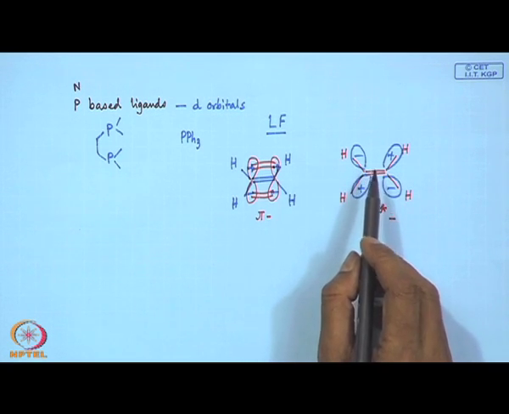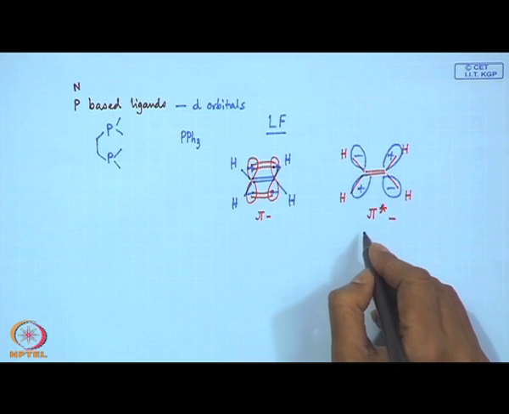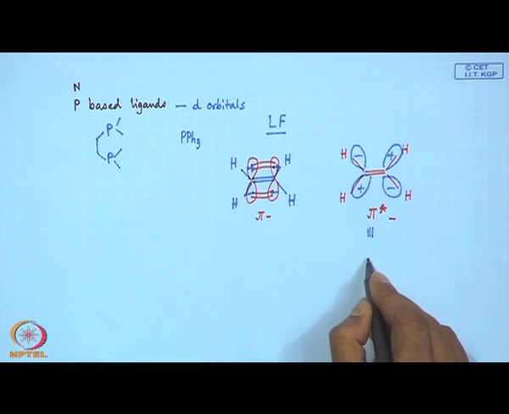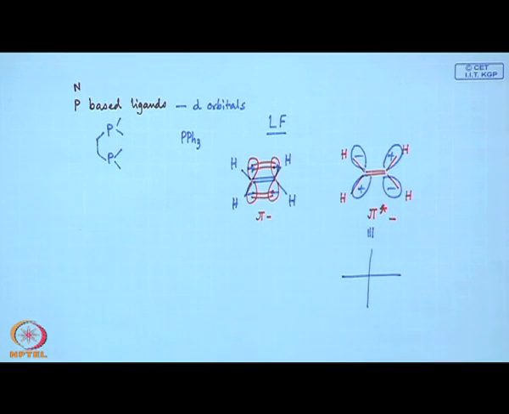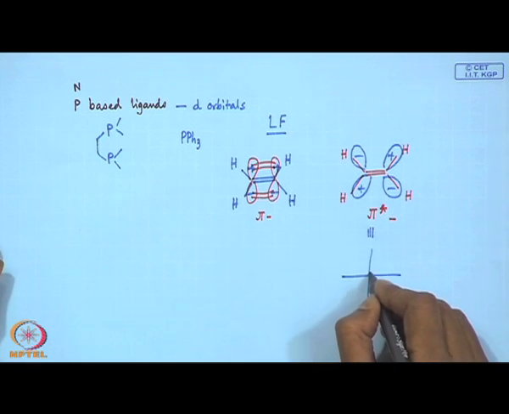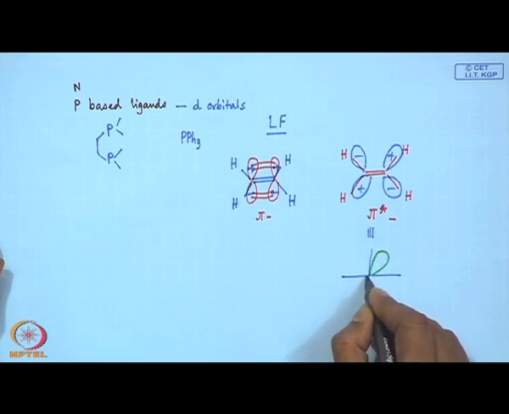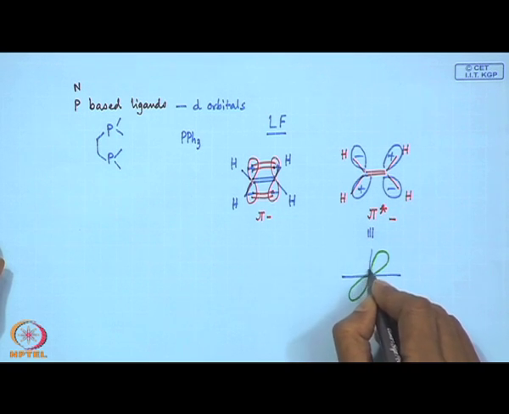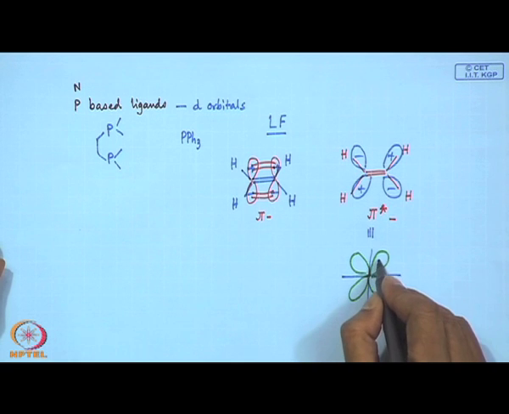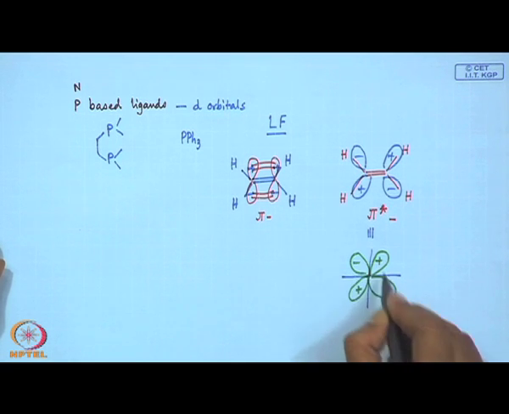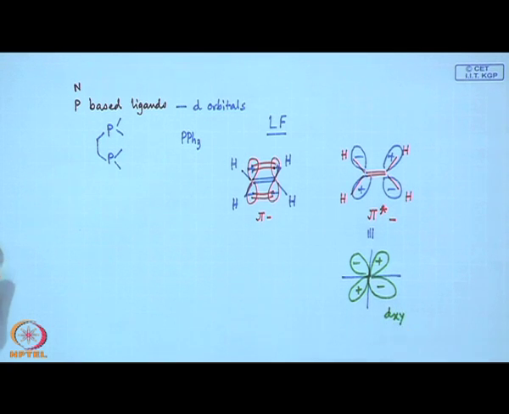So, what we find is that this can also be considered where we have the pi star orbital, and how we can consider this as an equivalent symmetry lobe, or the lobes of these orbitals are available for, say, the dxy orbital.